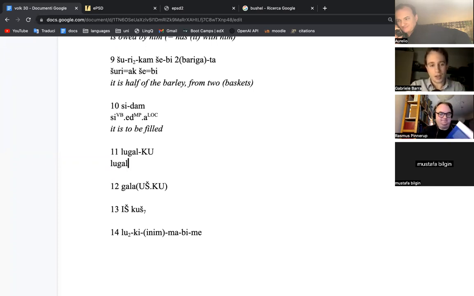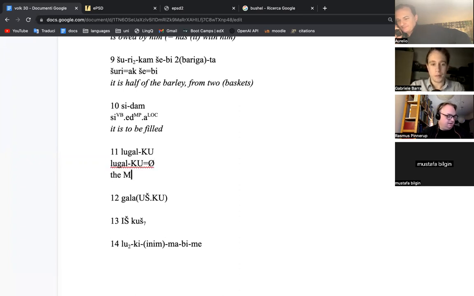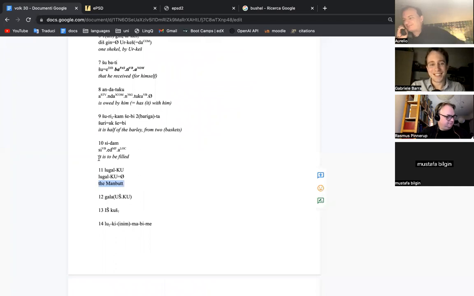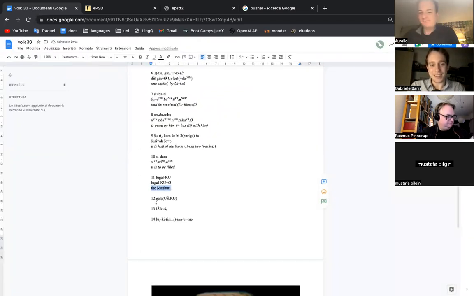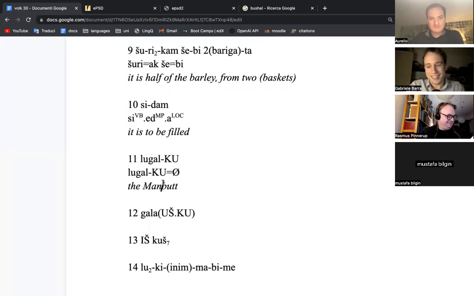Yeah, you can check. Lugal Ku. Yeah, he has it here, under personal names, Lugal Ku. So I'll include it as the man butt, king of the butt.